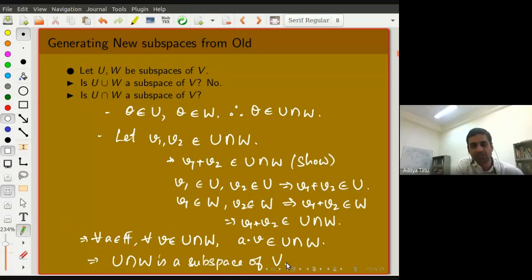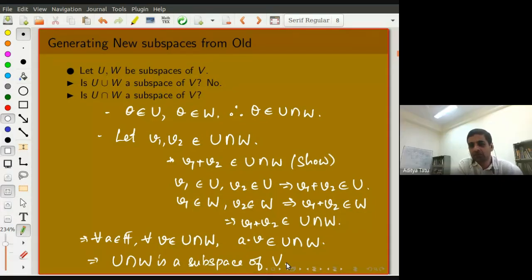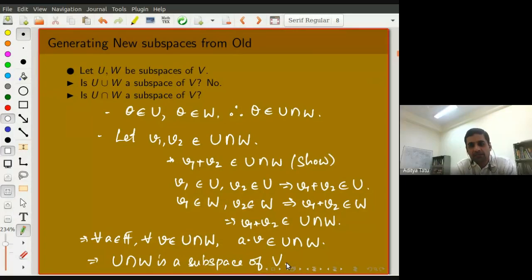Exactly. So closure is something that we need to worry about, right? Yes, sir. And that's exactly what we have just proved. Having the same structure is not a sufficient condition.